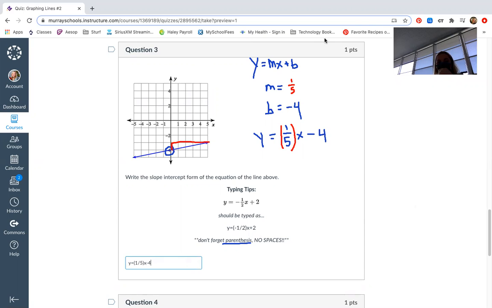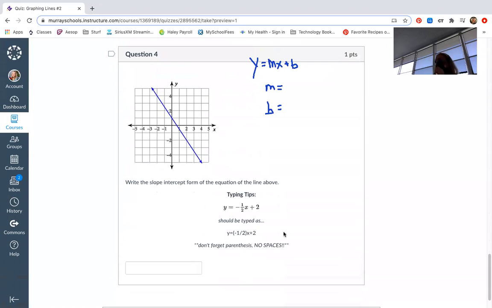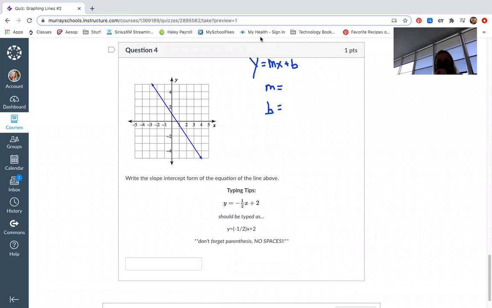All right, let's look at the last one. On the last problem, I don't even know if anybody's still listening, but if you are, great. On the last problem, I need to find the m value and the b value. So my b value is wherever it crosses the y-axis right here. That's at +1.